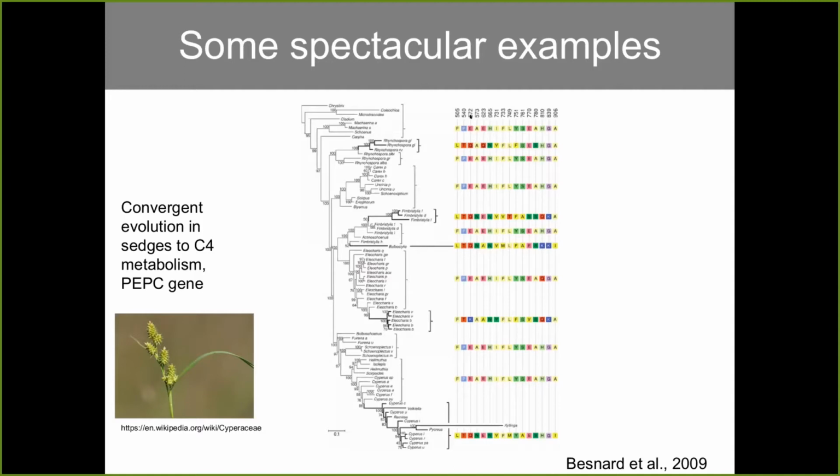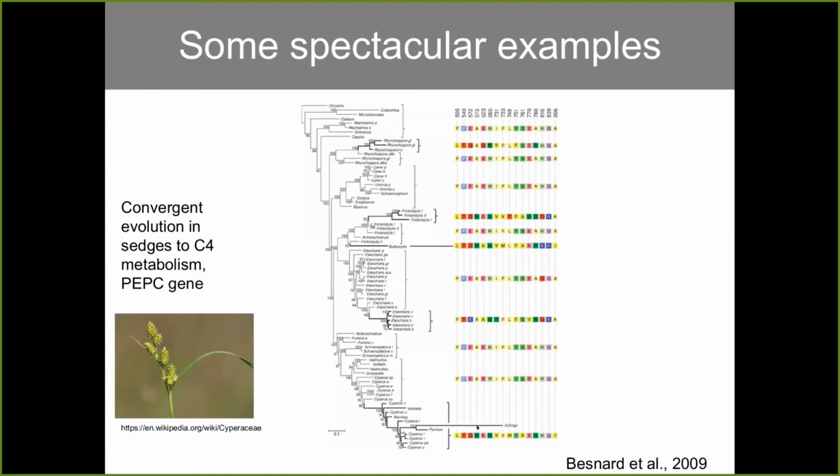So in particular, if we look at site 572, we see that when we have species that are able to do the C4 metabolism, we find a Q here, we find a Q there again, a Q there. Here we don't find a Q, we find a K, but we find again a Q there, okay?